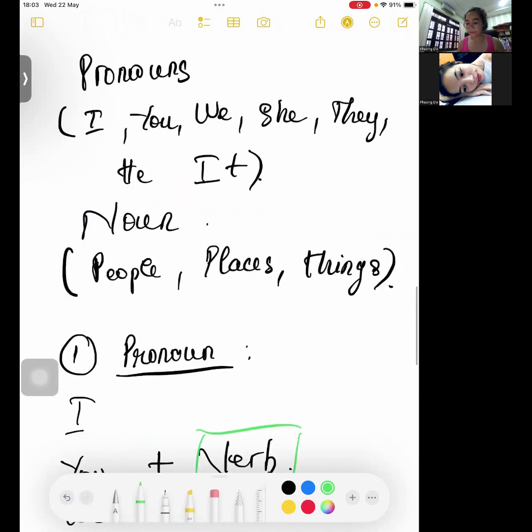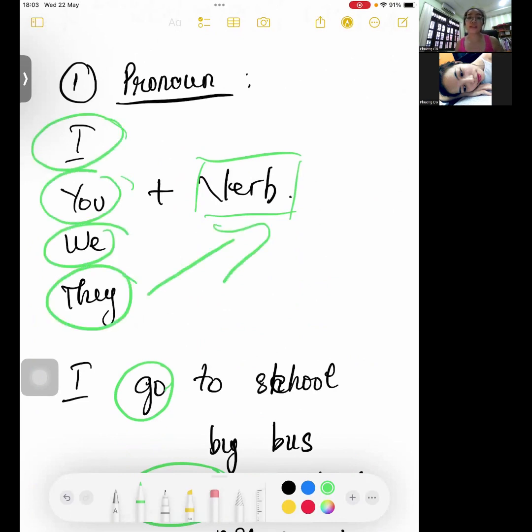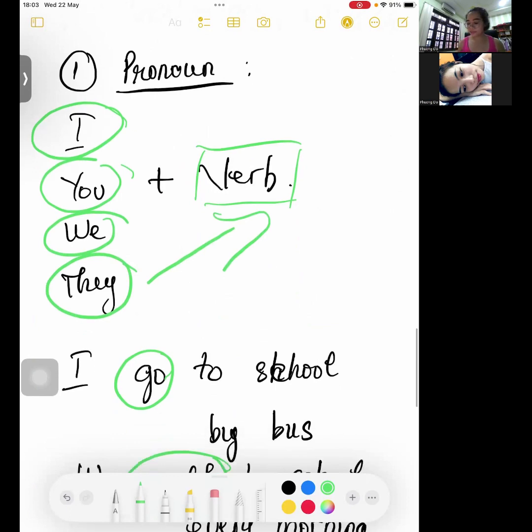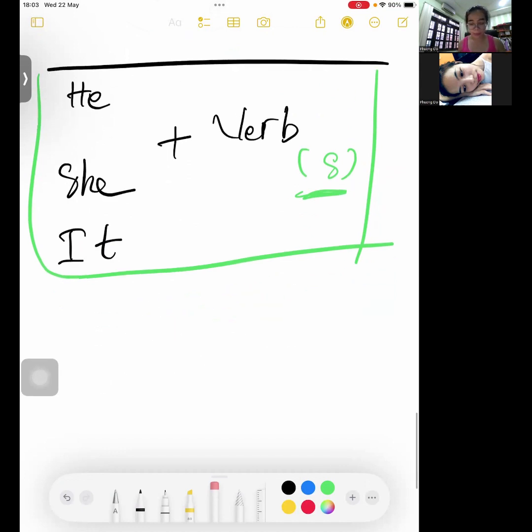And then the pronouns I, you, we, they go with the base verb. Okay, so let's look at the example. He studies.